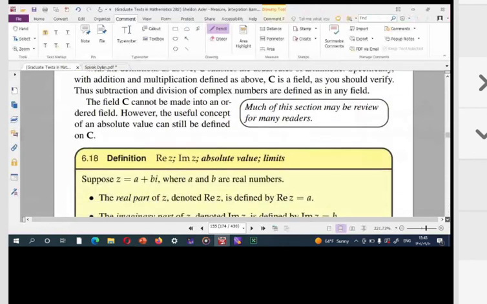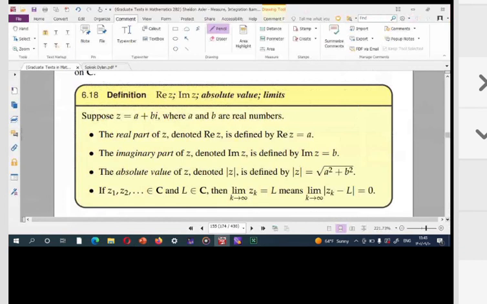this is a review for complex numbers, and the definition of real part and imaginary part of a complex number. Suppose z equals a plus bi, where a and b are real numbers, so that z is a complex number.